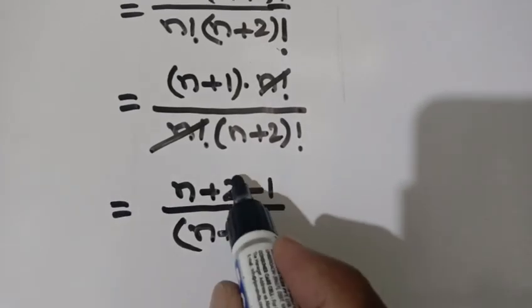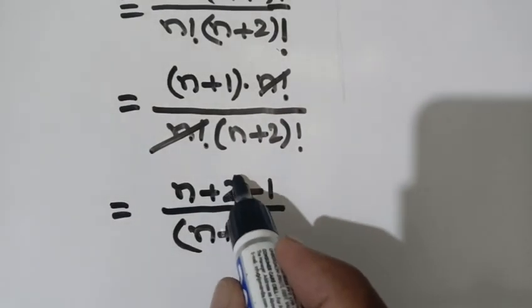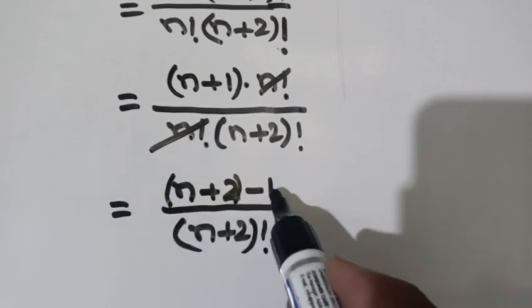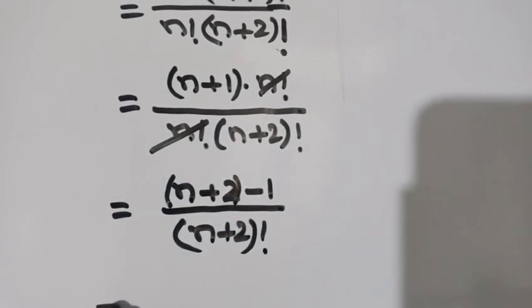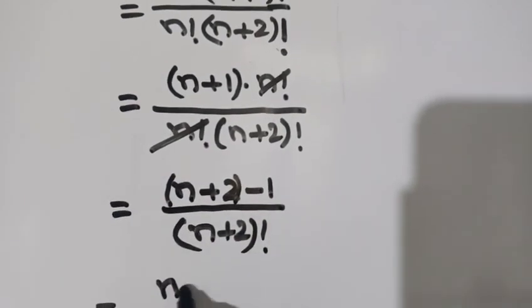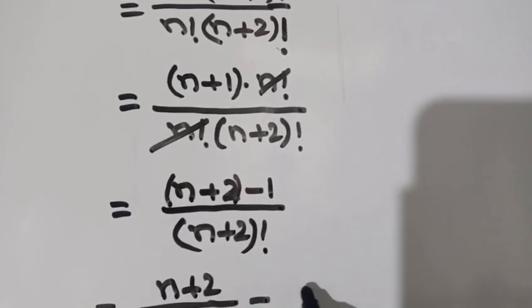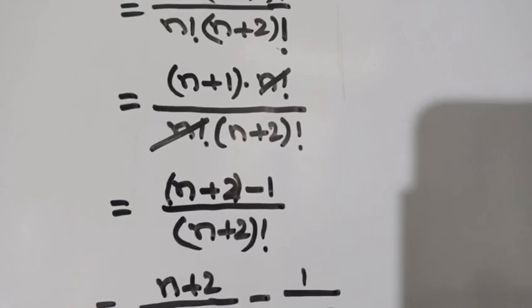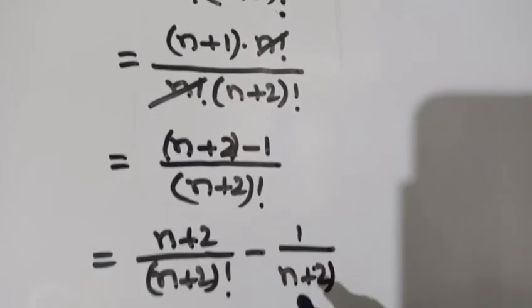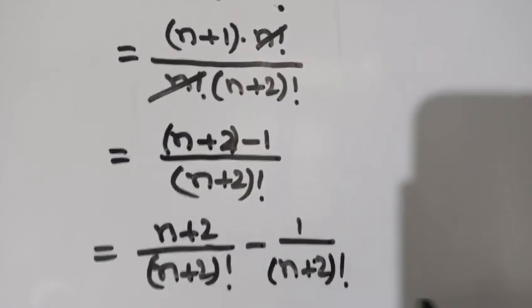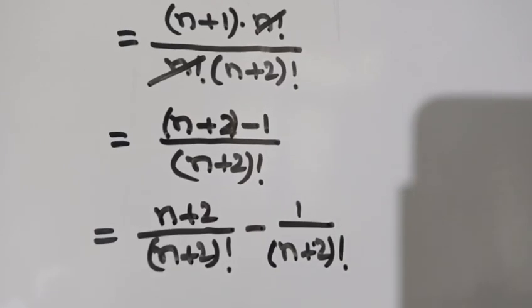So okay. Now I make this n plus 2 a group and minus 1 another group. So separating, n plus 2 by n plus 2 factorial minus 1 by n plus 2 factorial. So really it is very useful.